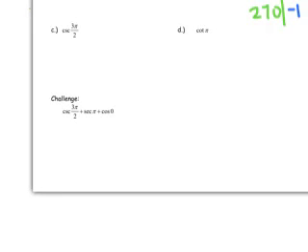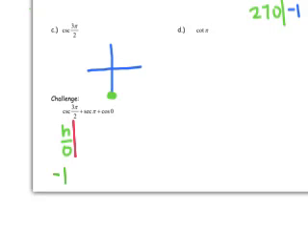Alright, if we jump to the challenge, I do want to talk about this. It says cosecant of 3 pi over 2. So 3 pi over 2 is right here, and cosecant is going to be h over o. Since your opposite is going down, this is going to be -1. So the answer to cosecant of 3 pi over 2 is -1.